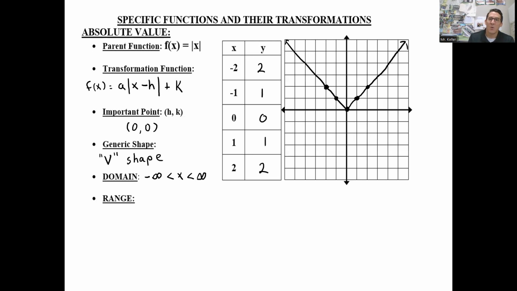The range are the y values. If you notice, we don't get any negative y values. So the range is just positive numbers. Let's write that as an inequality: y has to be greater than or equal to 0.